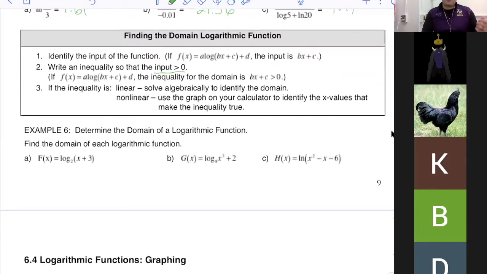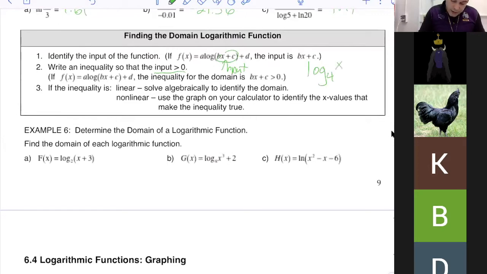So for logarithmic functions, whatever the input is, so this would be considered your input, you set that to greater than 0. Now, the reason why it's not greater than or equal to 0 is because there's nothing that you could raise the base by that's going to get you 0. So what I mean by that is, let's say you have 4 here.